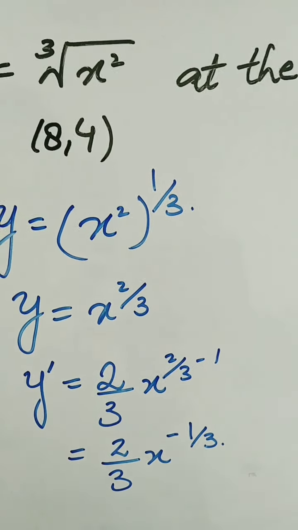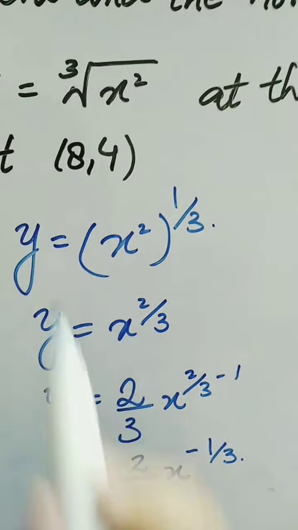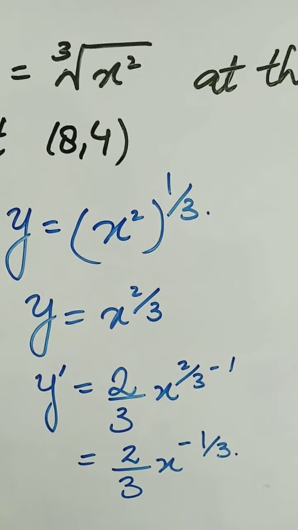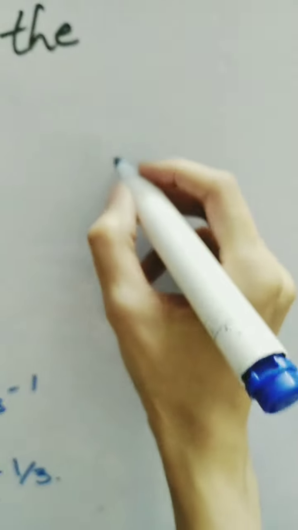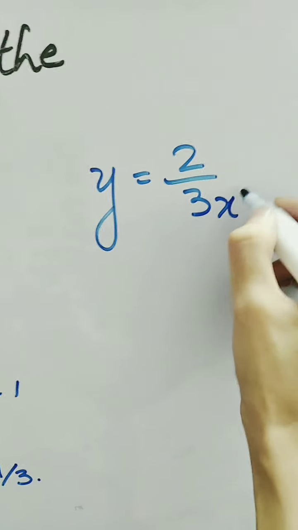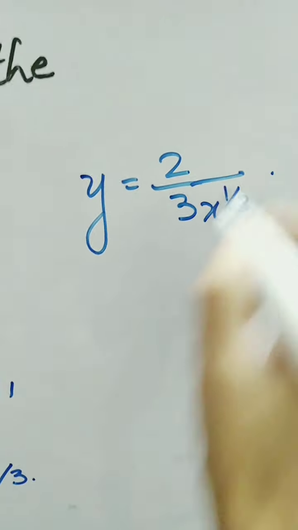Now we put the value of x, which is given as 8, in order to get the value of the gradient of the tangent. So we have 2 over 3. We take this x to the power 1 over 3 into the denominator, and it comes out as 1 over 3.